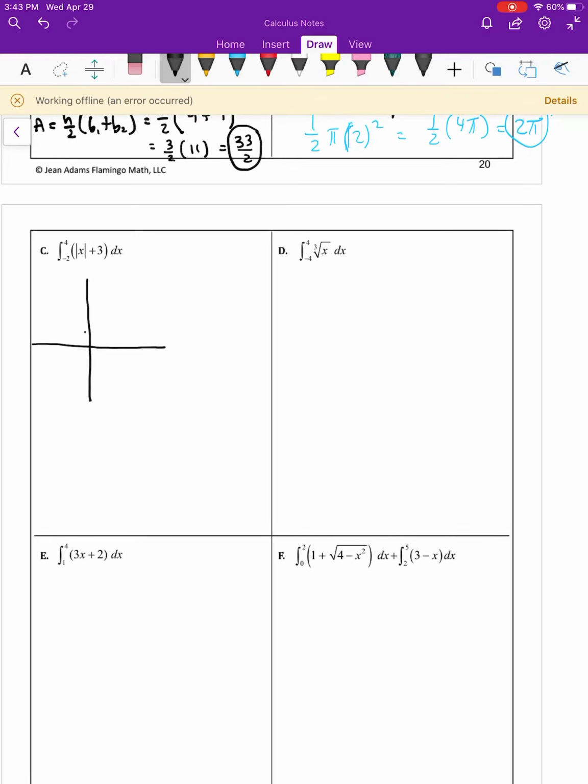We've got the absolute value of x plus 3. Well, I know that that would be 1, 2, 3. This function, which is the absolute value function, shifted up 3 units. Now they want me to find the area from -2 to 4.